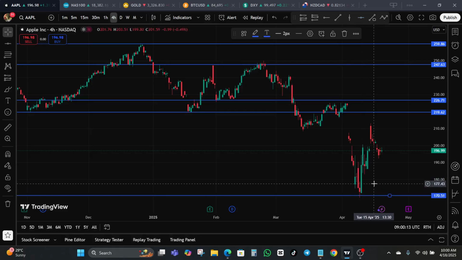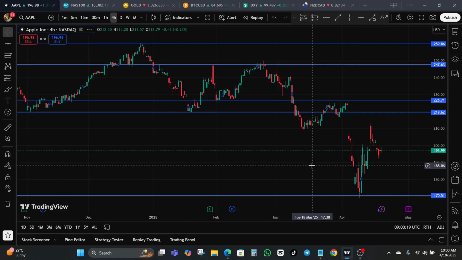These levels imply that the stock has been either bouncing off a certain price point or failing to break through that price point for a while. Now, when the price finally pushes through these levels, that is when the breakout happens.